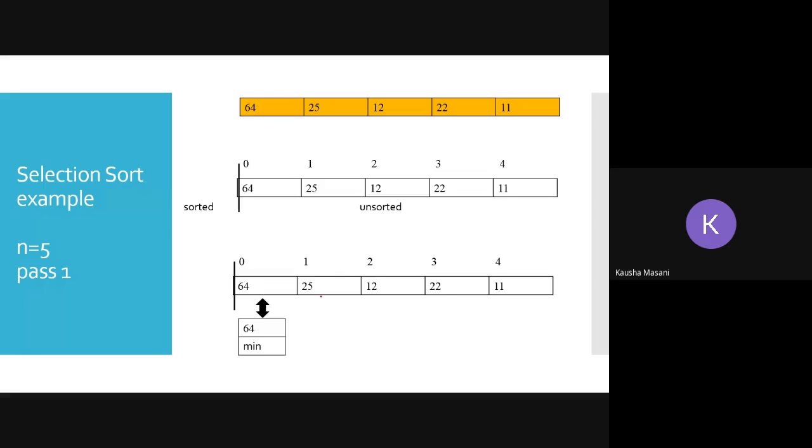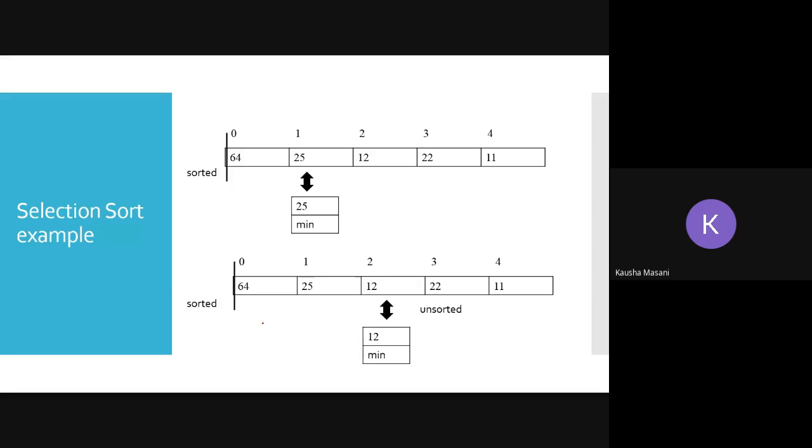Now what you do is, suppose you take 64 as the minimum initially. Whichever is your A of 0, let's say this is array A, then A of 0 is your minimum, and the next one is your A of j. So first of all you are going to find the smallest element out of all, which can be the minimum one.